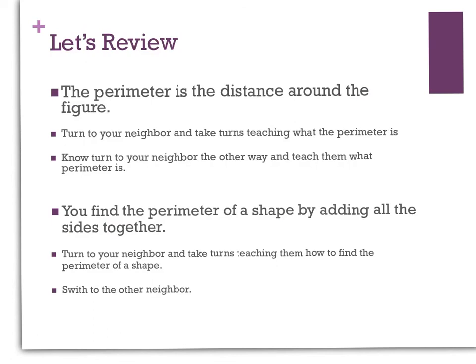And come back. 5, 4, 3, 2, 1, 0. You're back. All right. Let's go over this one more time. The perimeter of a shape is the distance around the figure. You find the perimeter of a shape by adding all the sides together. Now you're ready to practice.